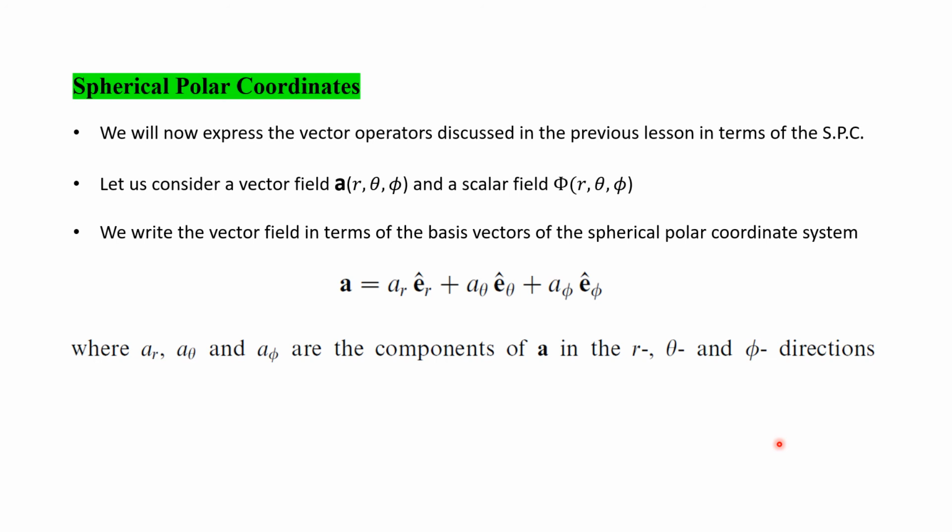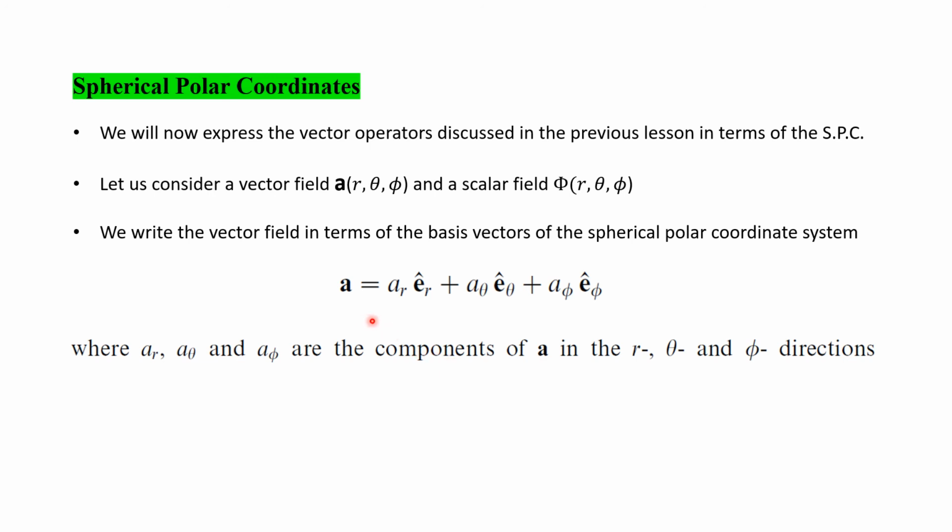and we will now express the vector operators discussed in the previous lesson, again in terms of your spherical polar coordinates. And let us consider a vector field A. So your vector field A is a function of r, theta, and phi, and then your scalar field phi, also a function of r, theta, and phi. And we write the vector field in terms of the basis vectors of the spherical polar coordinate system.